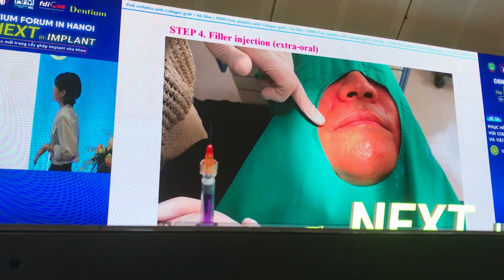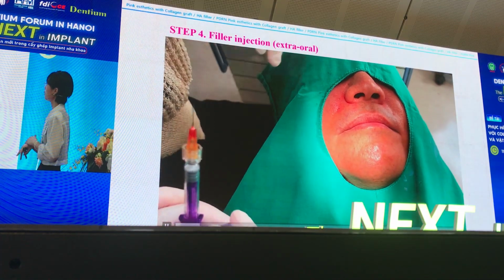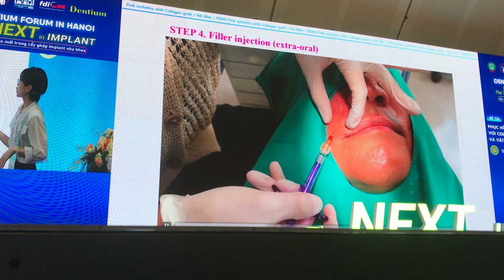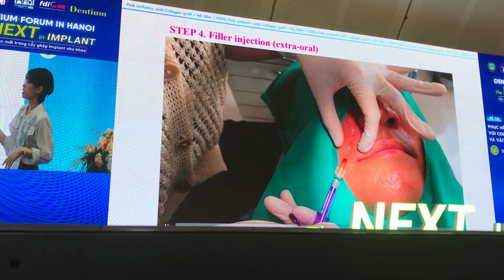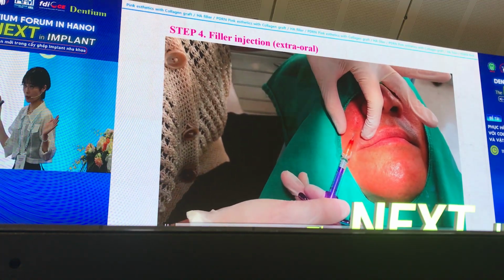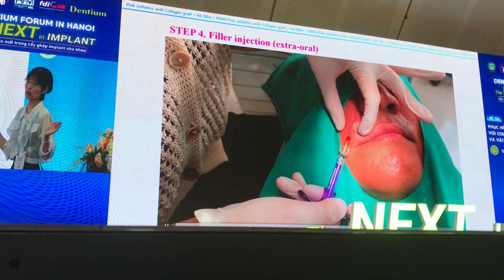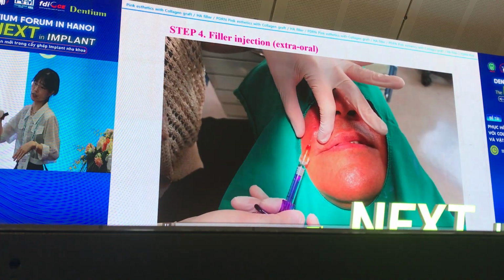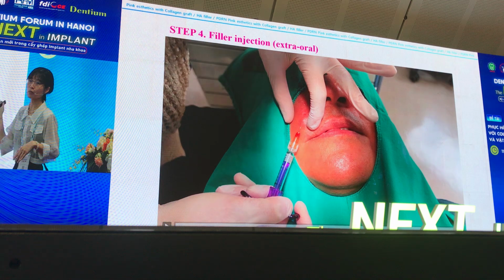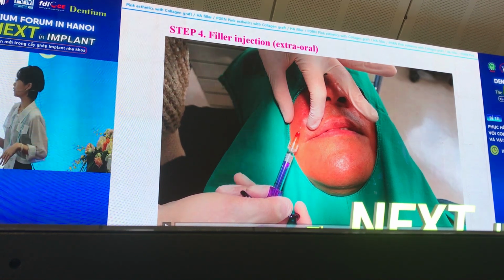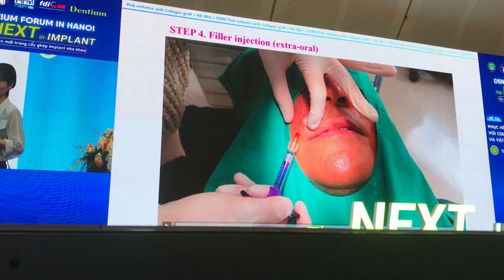And then next, we finalize using the extraoral injection of the filler. That is, you make the soft appearance using the soft filler at the superficial tissue layers. This is the same method as the medical filler injections. It is very easy.